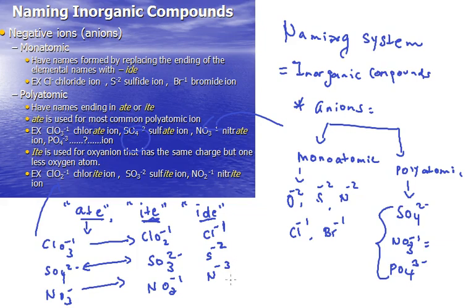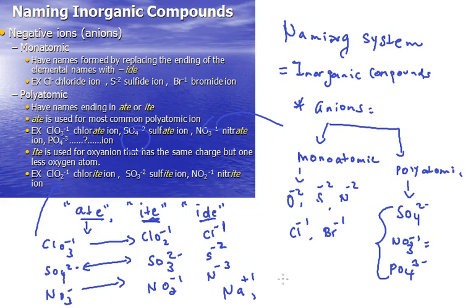For metallic ions, or cations, you don't have to use a suffix like ATE or ITE. For example, if someone wants us to name a sodium ion, you just say sodium ion.